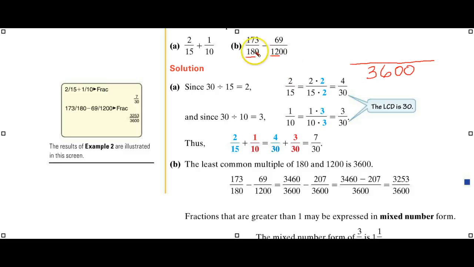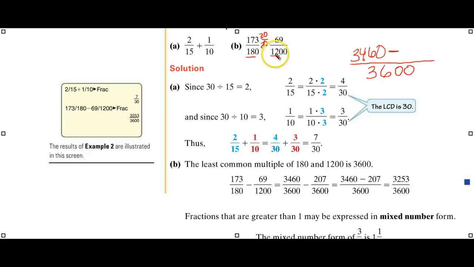Now, what do I need to multiply 180 by to make it 3600? And the answer is 20. So I'd have to multiply this by 20 over 20. This becomes 3600, and my numerator becomes 3460. And remember, there's a negative sign there.